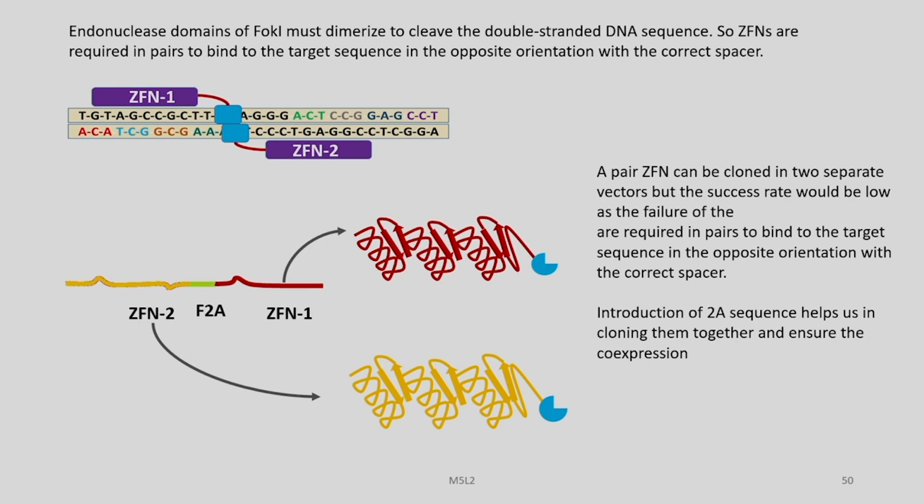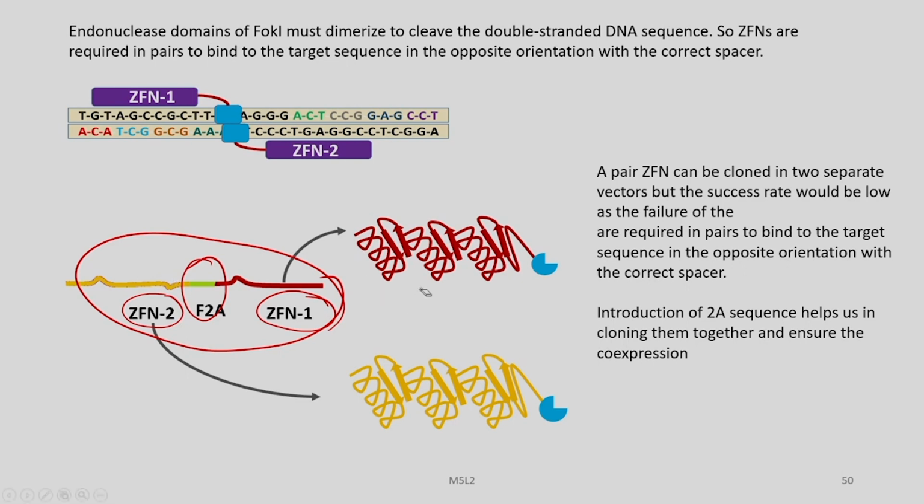To avoid that, we will put both the ZFNs into one single construct separated by an F2A sequence. We cannot generate a fusion protein, because that is not going to be helpful to us.